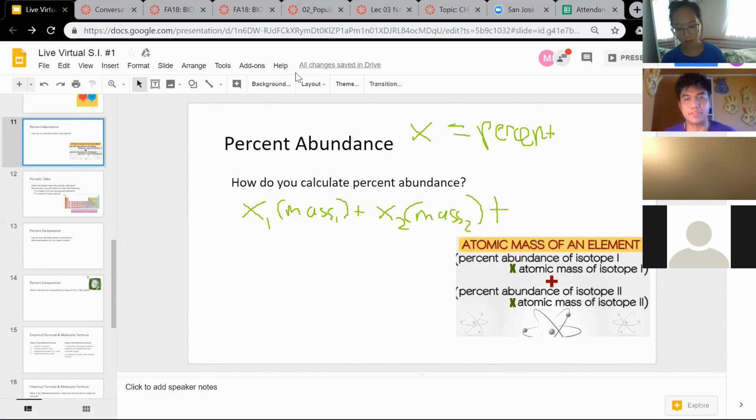And then if you have a third percent, then it's X3 times mass 3. And this all equals your atomic mass.